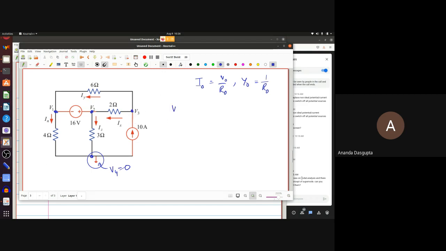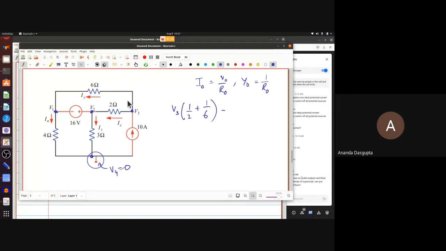This equation will simply be V3 into all, remember, the rule is for this node, it's this node's voltage multiplied by the sum of all the admittances from this node. So 1 by 2 plus 1 by 6. That's the current flowing out of this node. But minus, that's actually not right, because the current flowing to this actually is not V3 by 2, it's V3 minus V2 by 2. That's very important to remember.